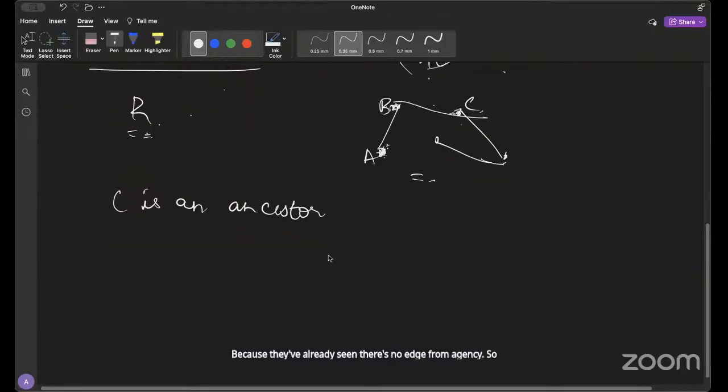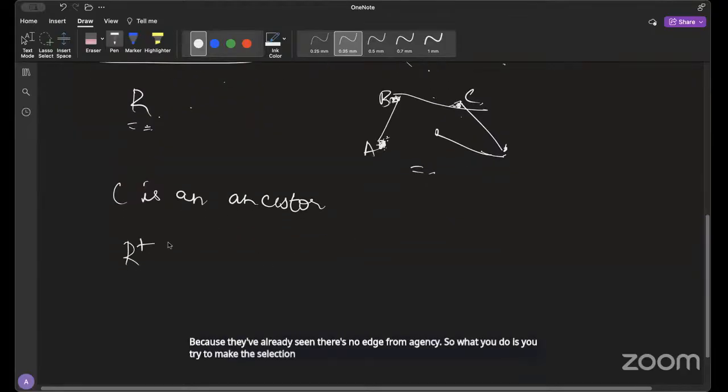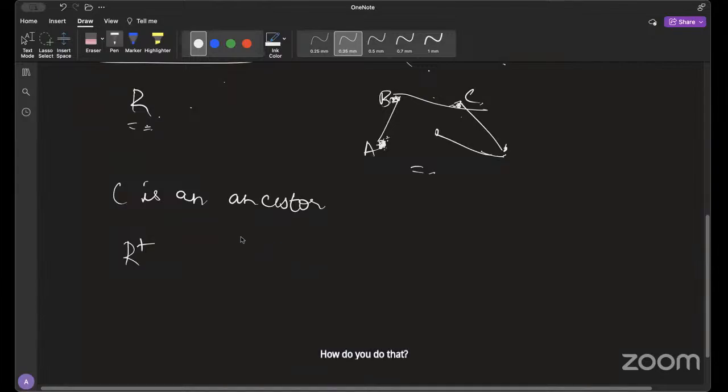So what you do is you try to make this relation transitive and you denote it by R plus. How do you do that? R is the relation that you're using here. I hope you understand that there is always an underlying relation when you have a graph.